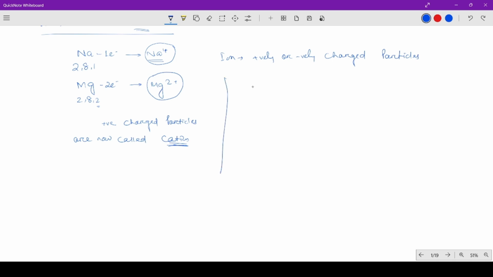Now let us understand about the gain of electrons. Let us take an example of fluorine. The electronic configuration is 2, 7, so it will accept one electron. If there is acceptance of electrons, that many negative charges will be there.